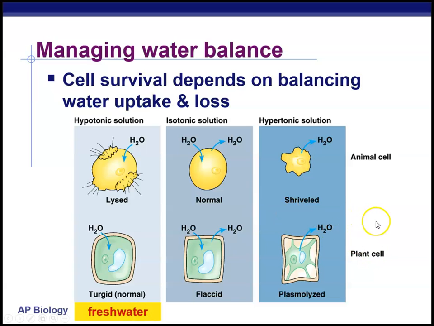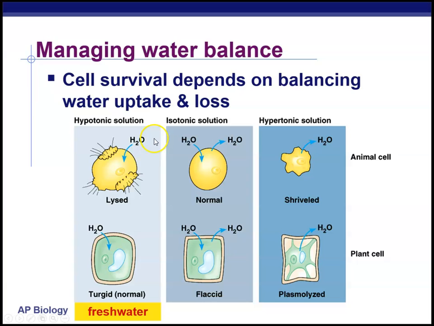So let's look at some cells and how this affects actual cells that have been put into solutions. So in this case, we've got a hypotonic solution. This top one is an animal cell, and it's been put into a hypotonic solution. It's probably just pure water.